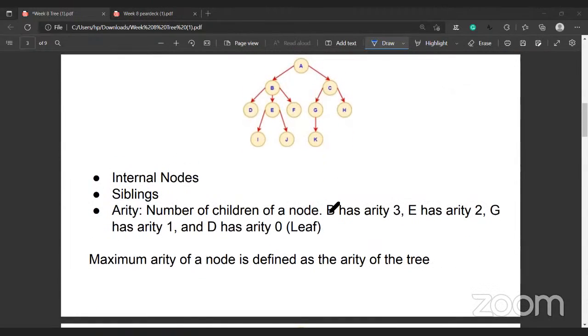So we'll move to the next, internal nodes. The node which has at least one child is called an internal node. So you can say that B is an internal node, E is an internal node, then C, G, and A are internal nodes.